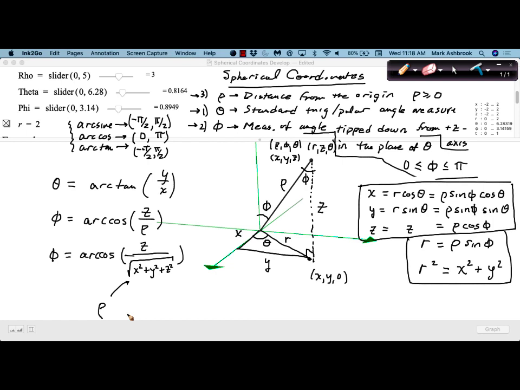Okay, if something doesn't make sense, ask. But this should make sense. Because we're doing arccosine, it's going to be arccosine of adjacent over hypotenuse. Cosine is equal to adjacent over hypotenuse, so arccosine of adjacent over hypotenuse gives us the angle measure.